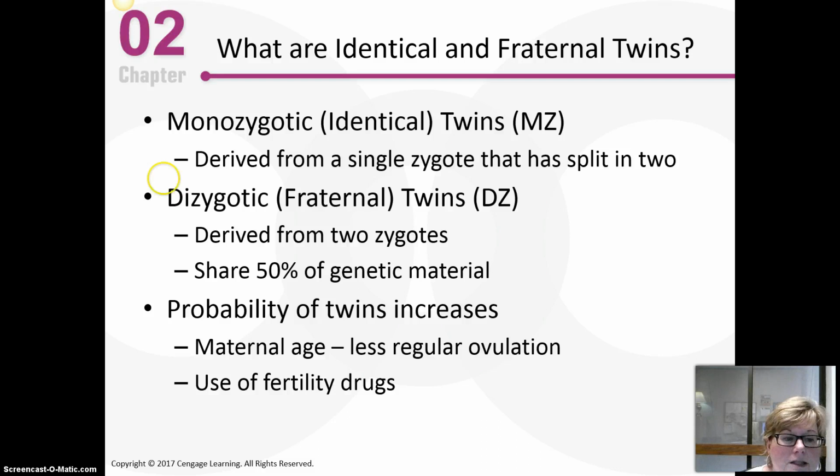So again, you will need to know that dizygotic twins make up 2/3 of all twin pairs. So they're not identical, they're fraternal. The probability of having twins increases with maternal age due to less regular ovulation, and also the use of fertility drugs increases the probabilities of multiples in general, not just twins, but multiples.